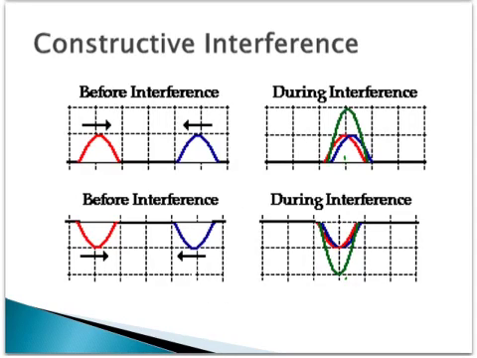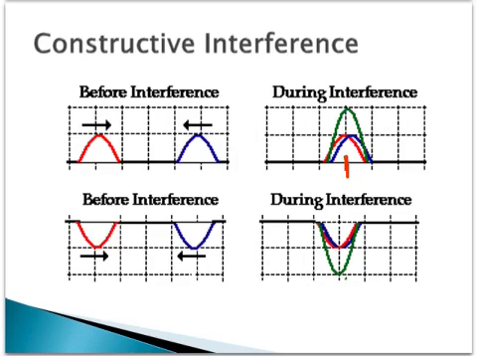So here's a diagram showing what's going on. Constructive interference: you have a crest meeting up with a crest. Because they are waves, they're at the same position in time, shown here. Notice the red wave has an amplitude of 1 unit, and the blue wave has an amplitude of 1 unit.